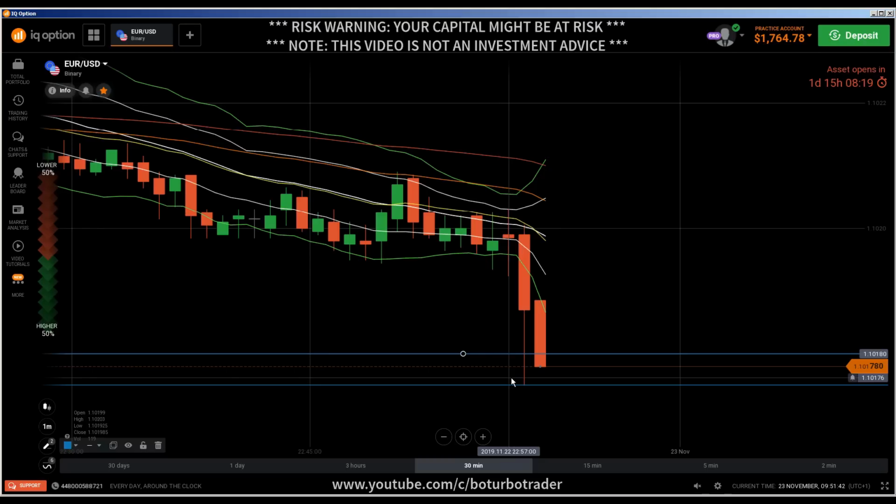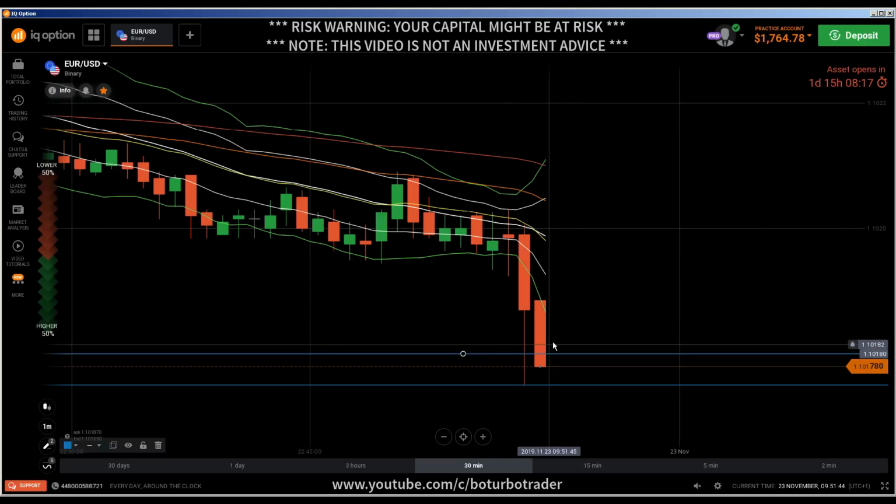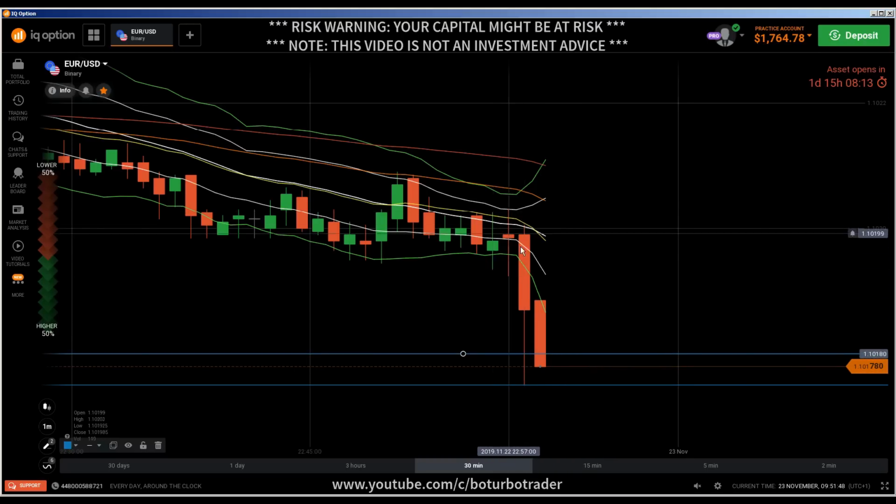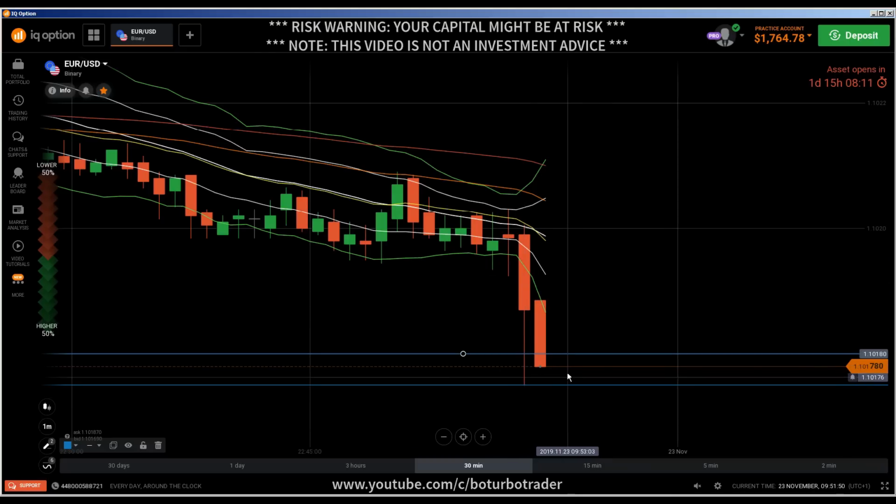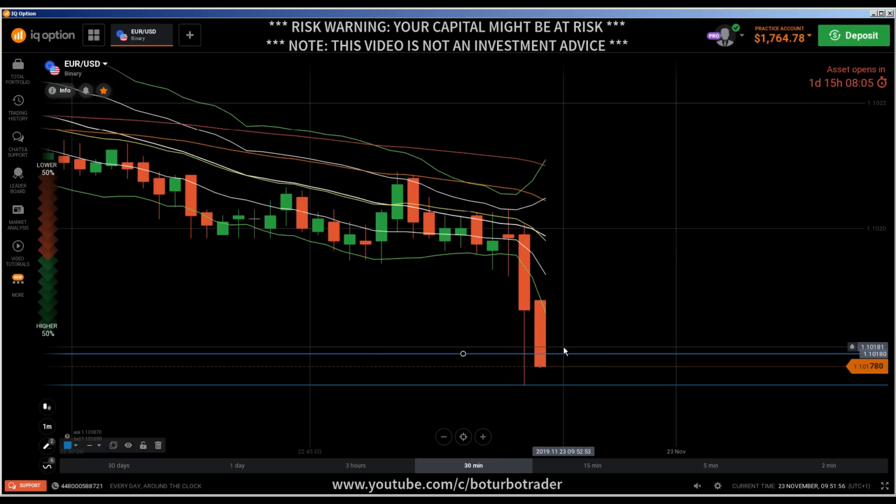I would wait until I get a rejection from the round number, and then I would trade in direction of the minor downtrend. That is how you have to understand that you don't trade a reversal trade here, in this kind of similar good-looking opportunity.